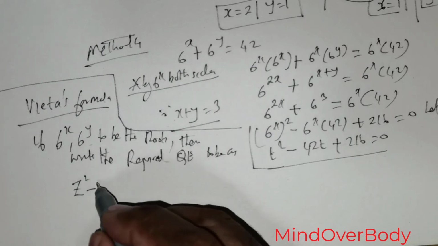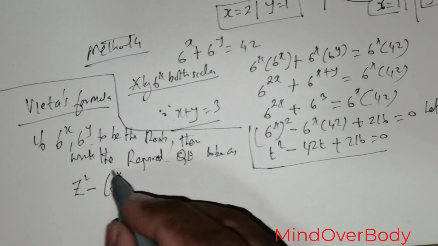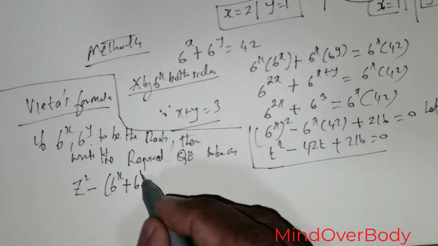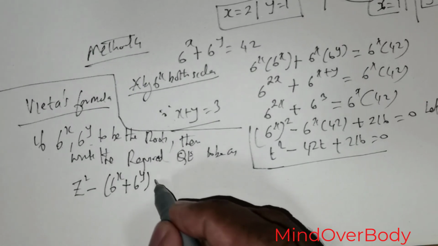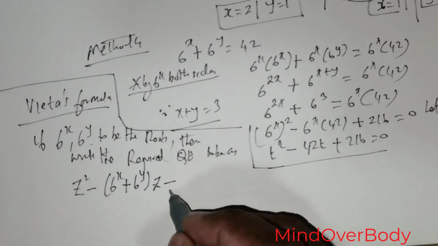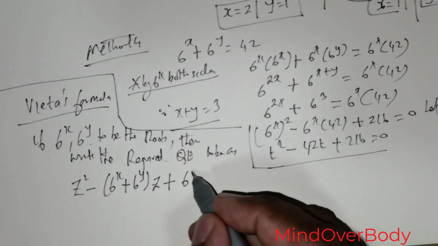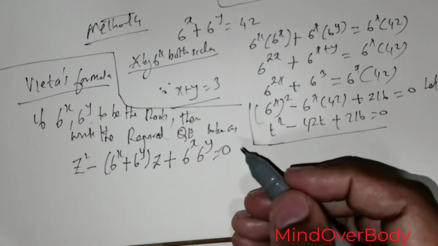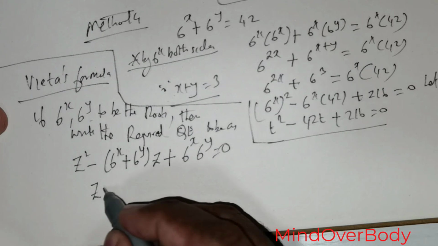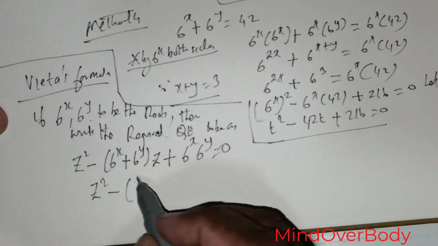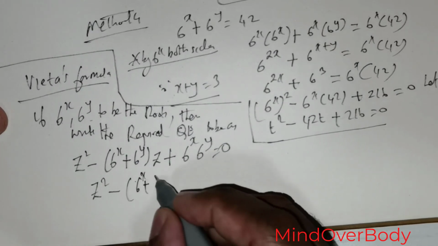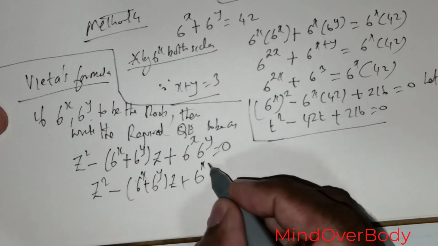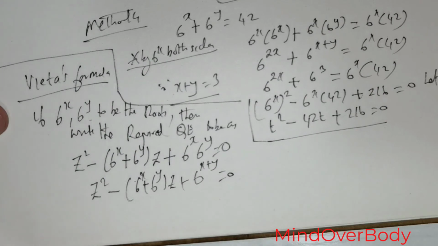So the quadratic equation will have the sum of the roots in this fashion: 6 raised to the power x plus 6 raised to the power y times z, followed by plus the product of the roots, which would be 6 raised to the power x times 6 raised to the power y, is equal to 0. Now if I were to rewrite this, it's going to be z squared minus of, let me write that down, 6 raised to the power x plus 6 raised to the power y times z plus 6 raised to the power x plus y is equal to 0.